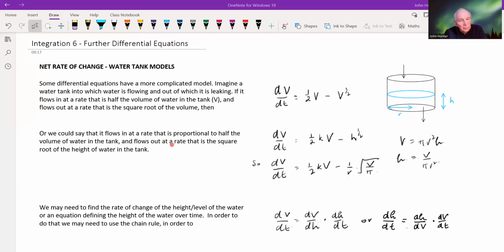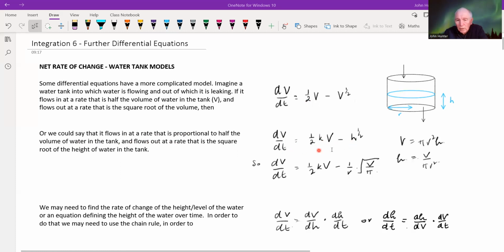The height, not the volume. So now we're looking at a differential equation that looks like this: dV/dt equals, this is what's coming in, half V times k, this is your constant of proportionality, minus the square root of h.